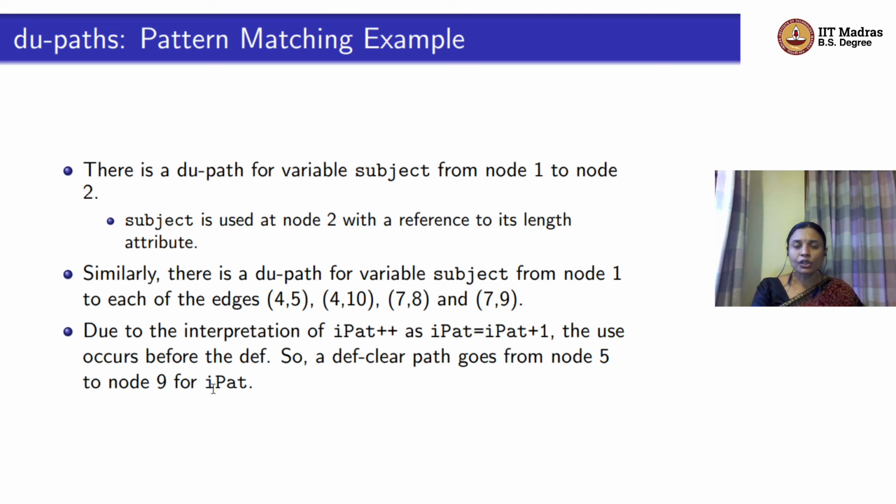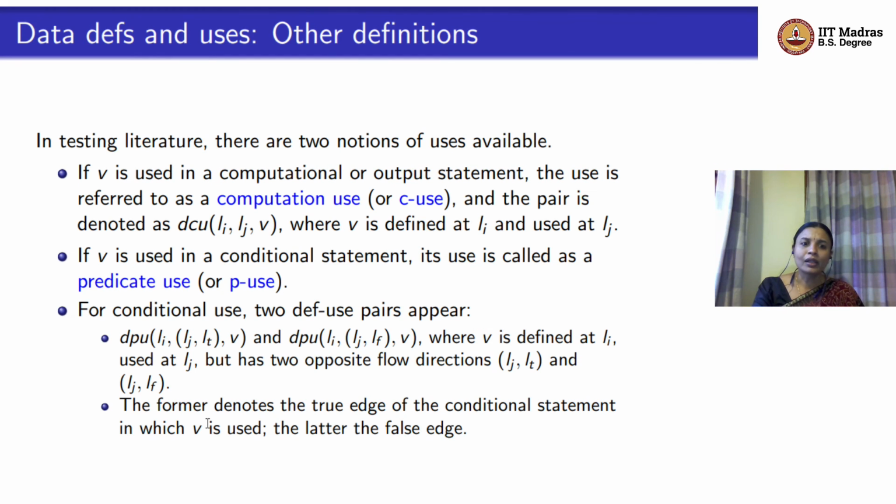Sometimes in testing literature, or if you search on the internet, you will find various kinds of uses that are distinguished. Sometimes use is a part of an if condition or a while condition, along with an edge. We call those kinds of use predicate use or P use.